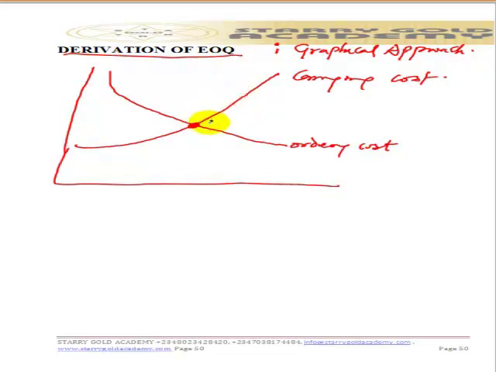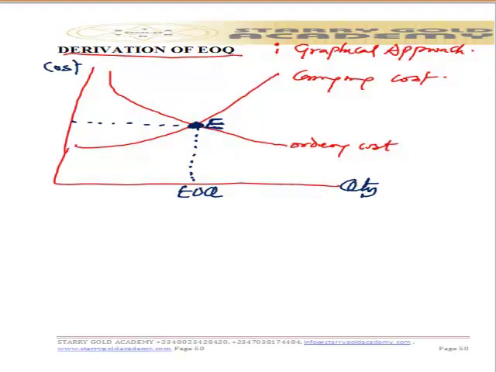So at this point, the point A is the equilibrium position. That is the point where the quantity at this level and the cost at this level will be minimal. So the company will minimize cost at this level, and whatever quantity that is here is our EOQ, the reorder quantity or economic order quantity.